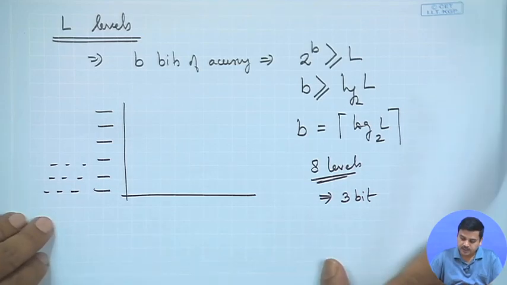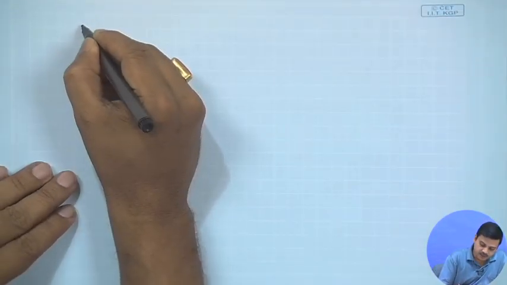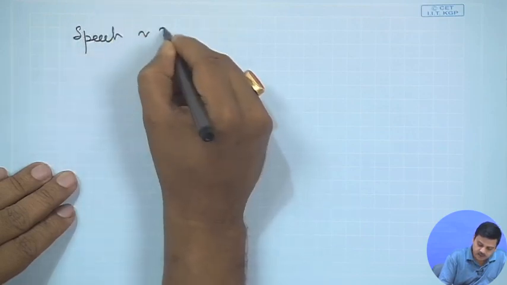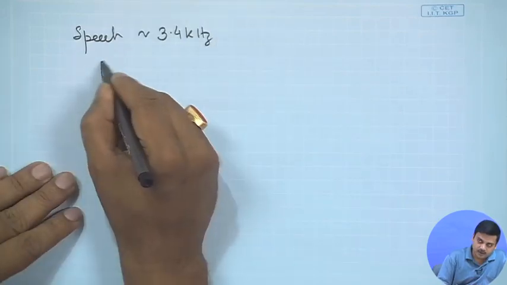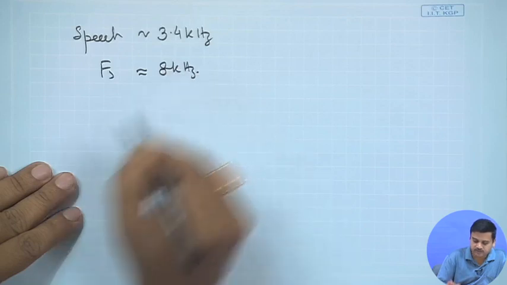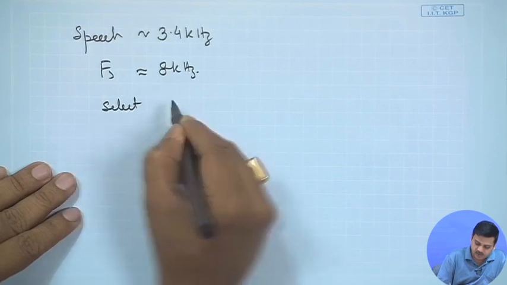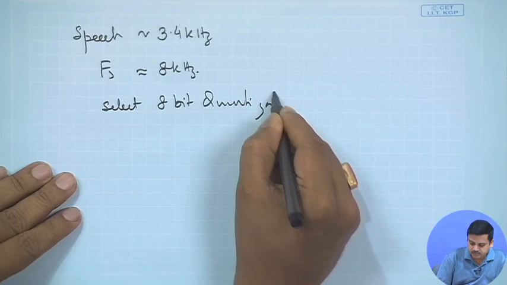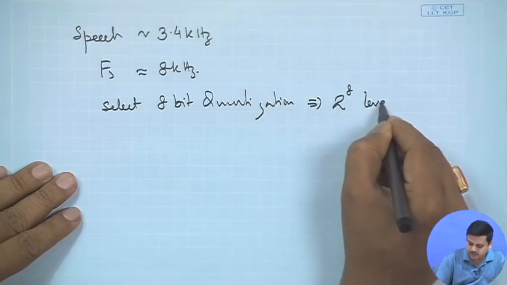A quick example at this point is if we take speech again, and we said that speech has approximately 3.4 kilohertz as the max frequency. So, for the sampling frequency we said you select 8 kilohertz. Now, if we select 8-bit quantization, what does it mean? It means you have 2 to the power of 8 levels.